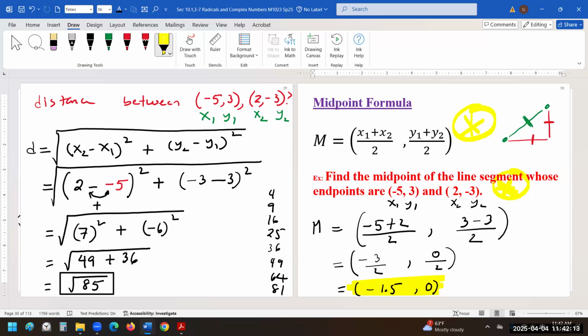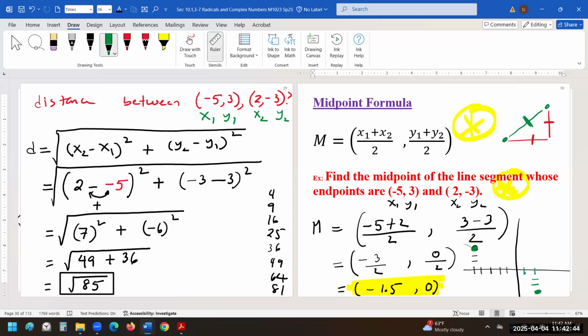And if you want to see that, let me actually show you here. On -5 and 3 and 2 and -3. So let me go a little bit down. 1, 2, 3, 4, 5. 1, 2, 3. There is 1 point here. Another point is 2, 1, 2, and then 1, 2, 3 here.